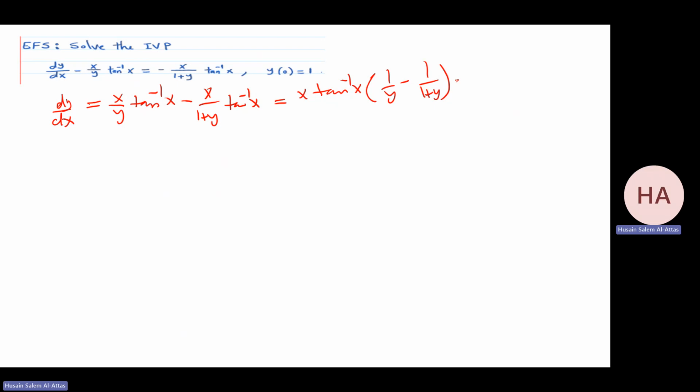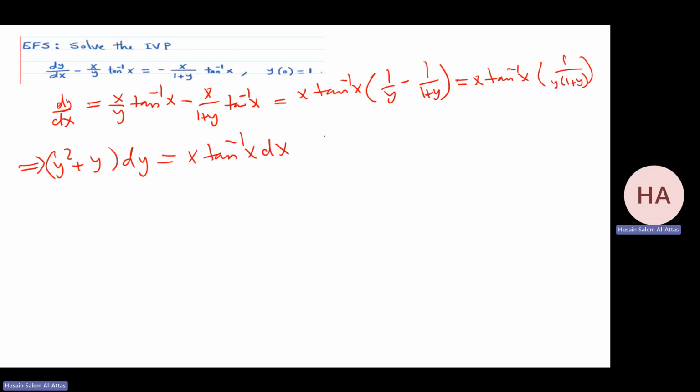Or that gives me x tan inverse x of what? 1 plus y minus y, that will be 1 over y times (1 plus y). Now I'm getting y squared plus y dy equals x tan inverse of x dx.